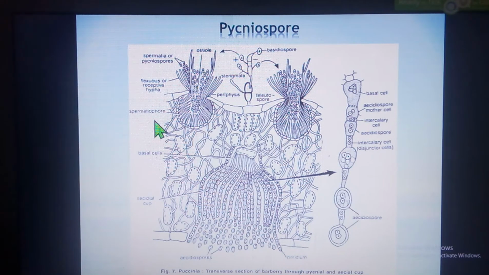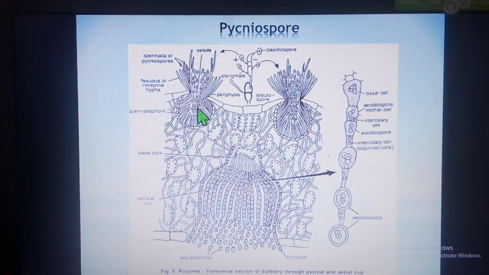From these cells the small oval or spherical uninucleate cells will develop, and these are referred to as the spermatia or the pycnospores. So these are the pycnospores, uninucleate cells.